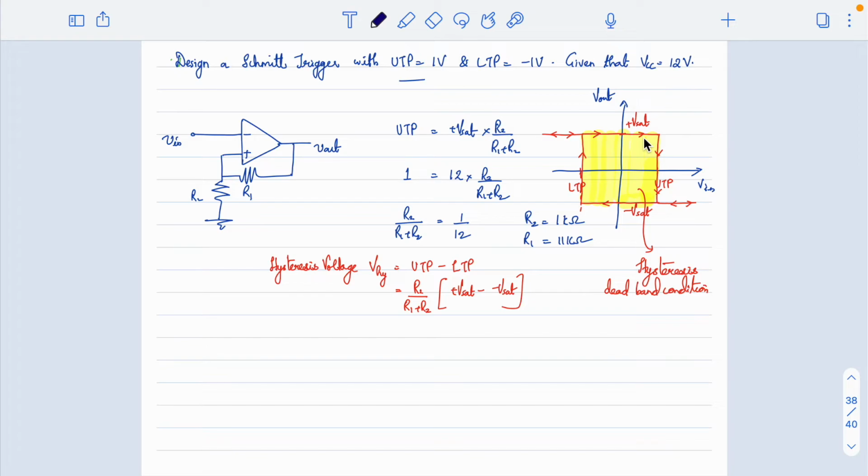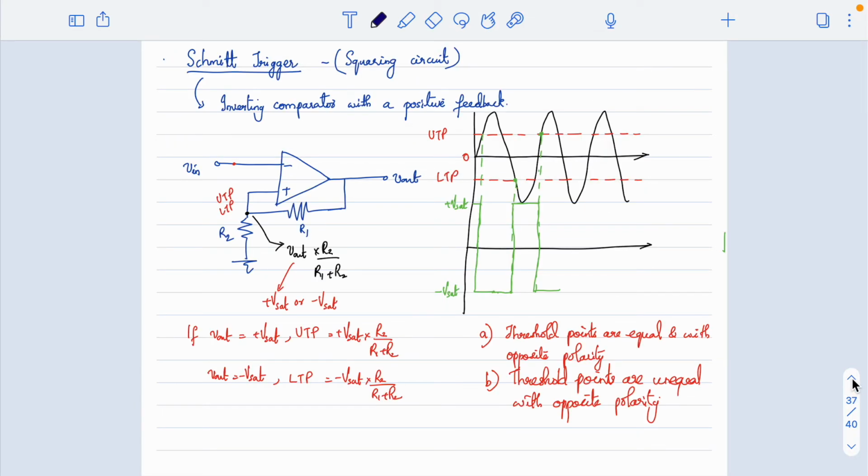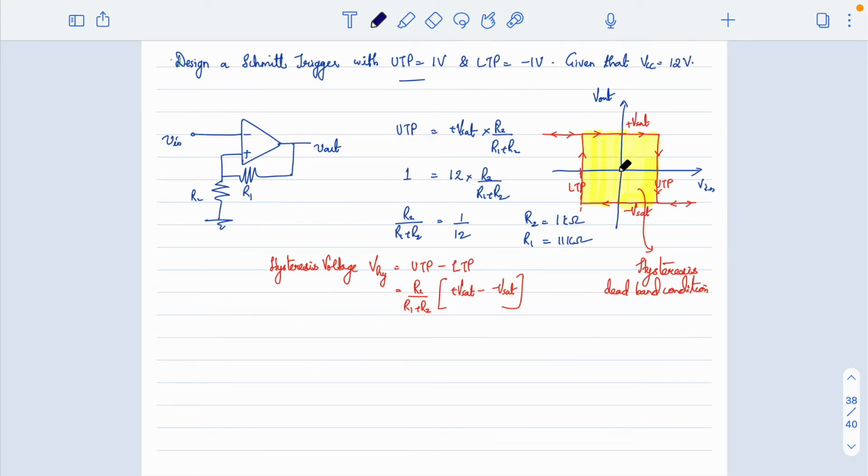Now in the case of an inverting comparator, look at how this works. When your input voltage crosses UTP, the output switches to minus Vsat. After that, the threshold becomes LTP. Even if your input voltage increases beyond UTP, the output will remain in that state.